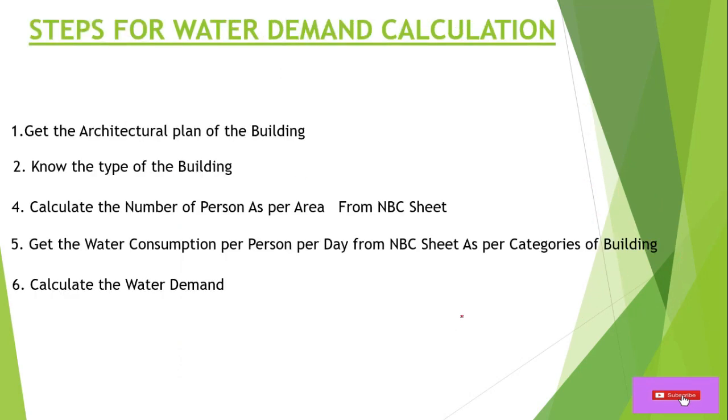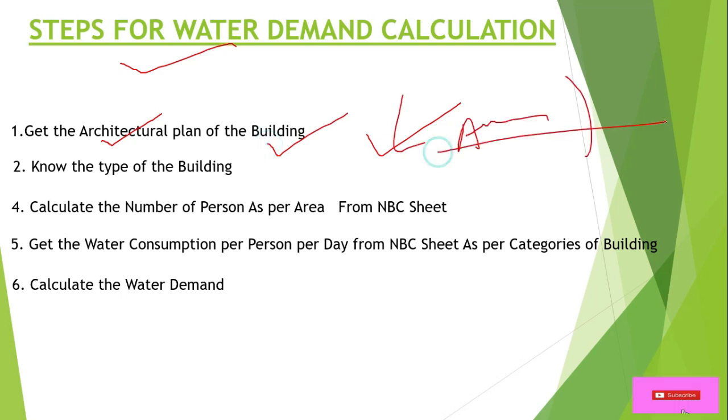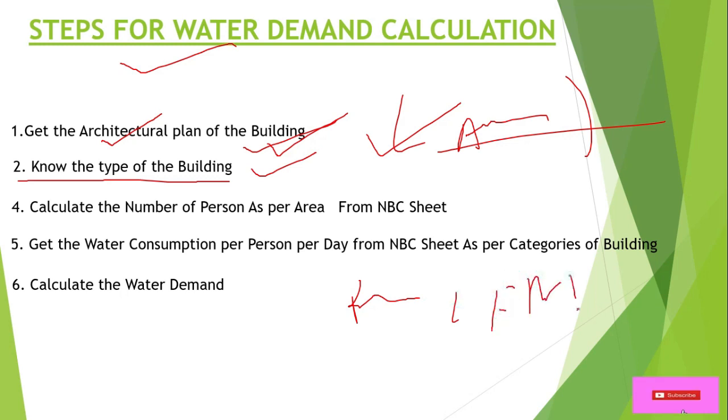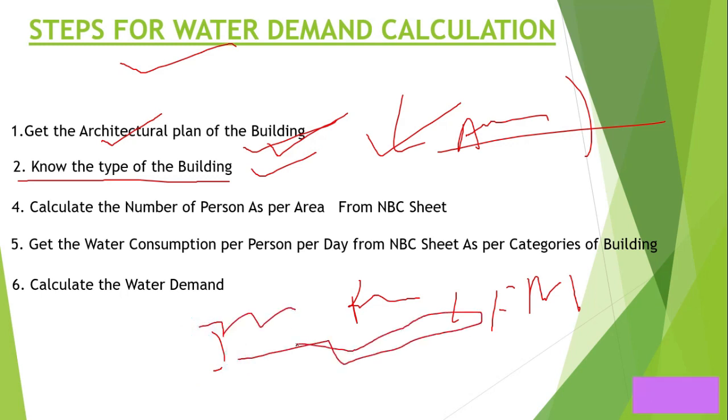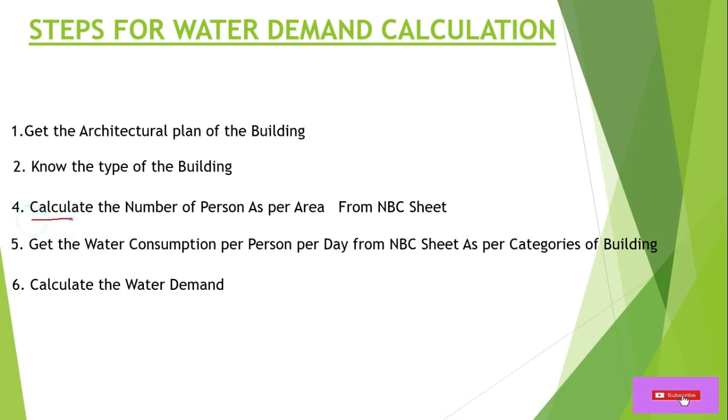So here are some steps for water demand calculation. First, we have to get the architectural plan of the building from the architect. Then we have to know the type of the building, whether it is residential, business, mercantile, institutional, which type of building it is. Then calculate the number of persons as per the area from the NBC sheet.